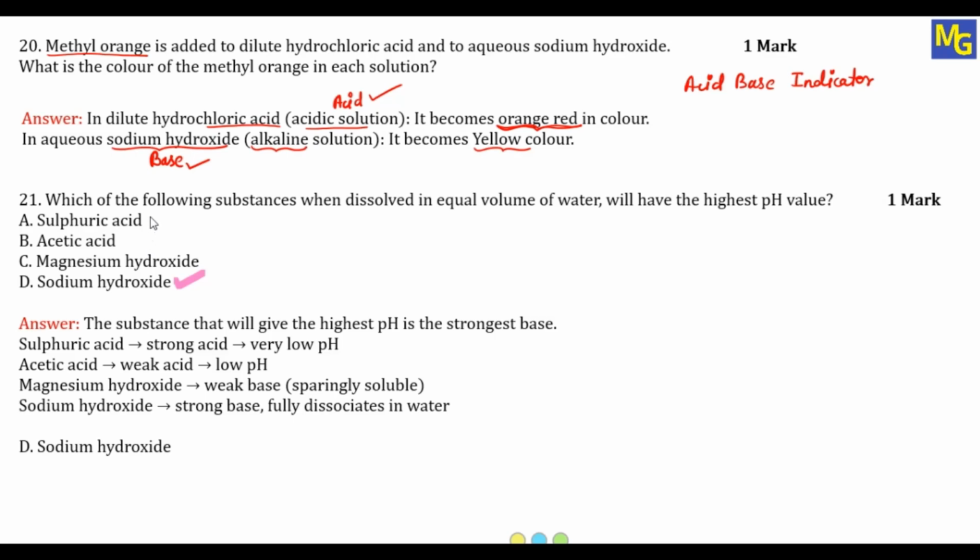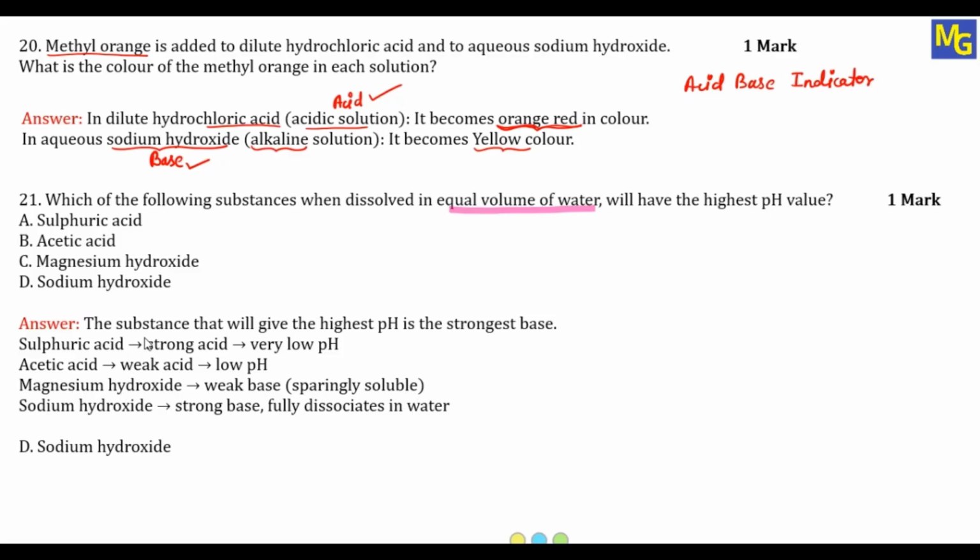A and B both are acids and C and D both are bases. Sulfuric acid is a strong acid, acetic acid a weak acid, magnesium hydroxide a weak base, and sodium hydroxide a strong base. Out of these four, which one, when dissolved in equal volume of water, will have the highest pH value? That we have to tell.